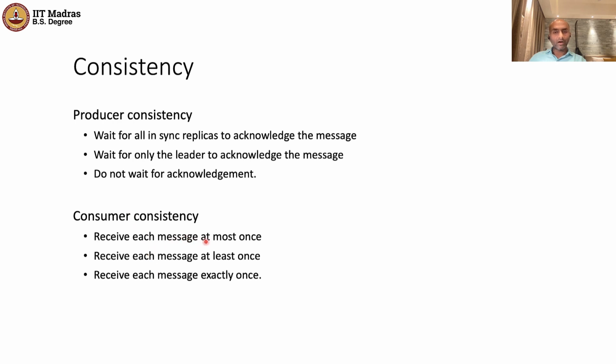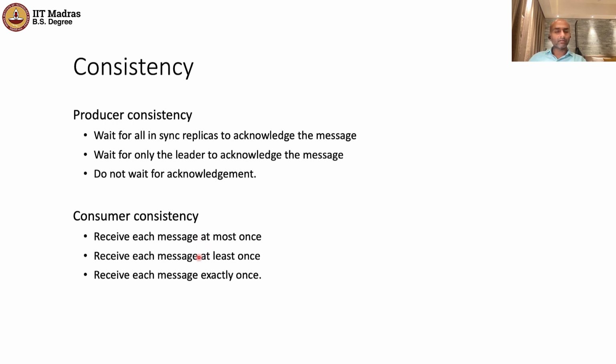The first is, are you receiving every message at most once? Which means you might not receive a message sometimes, but you're basically guaranteed that you're not going to get the same message twice, right? And that could be useful for certain kinds of data, like payment, right? But again, what does it mean to not receive payment every now and then? You have to work it out in your context.